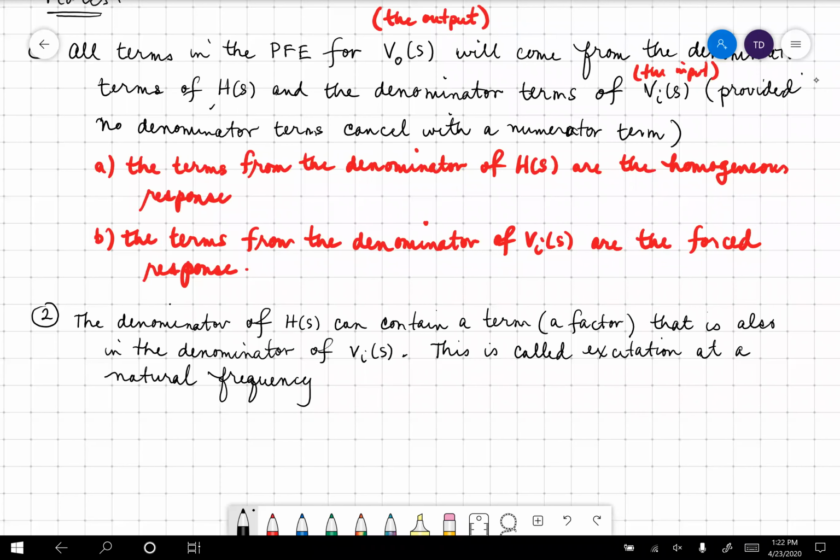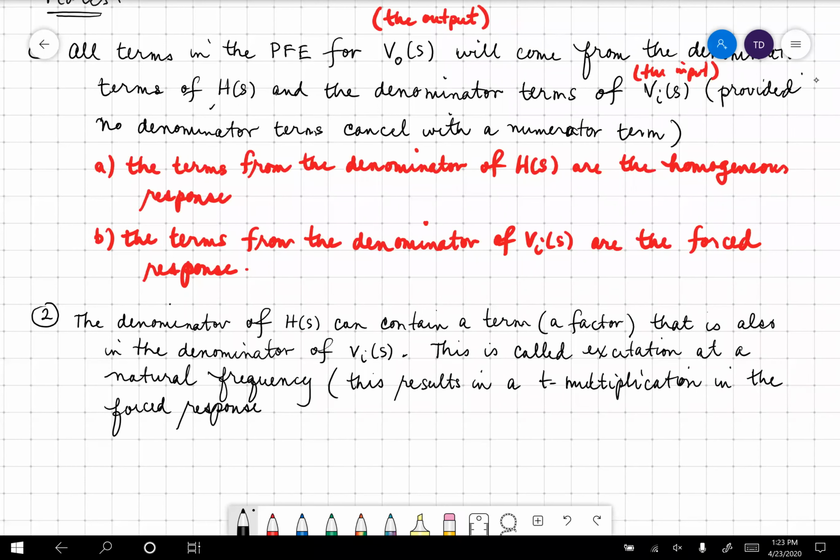Hopefully we all remember excitation at a natural frequency results in a T multiplication in the forced response. So there's a lot of neat information that's all buried here.